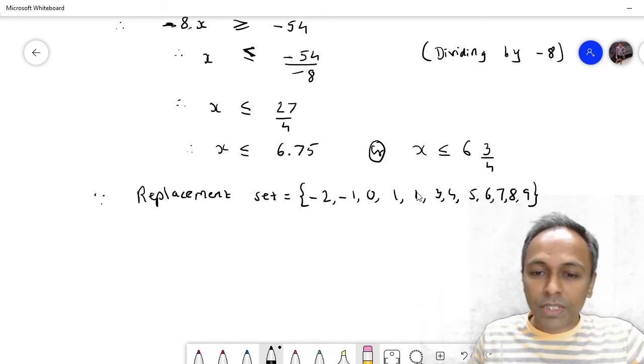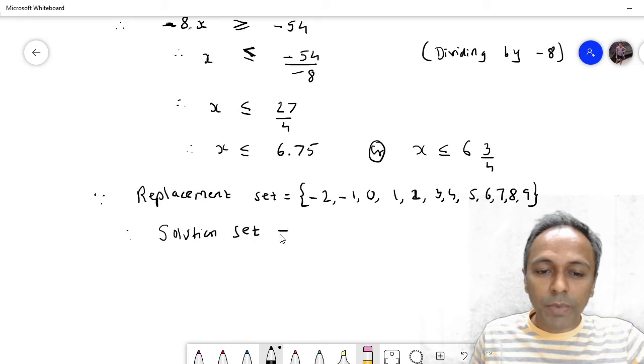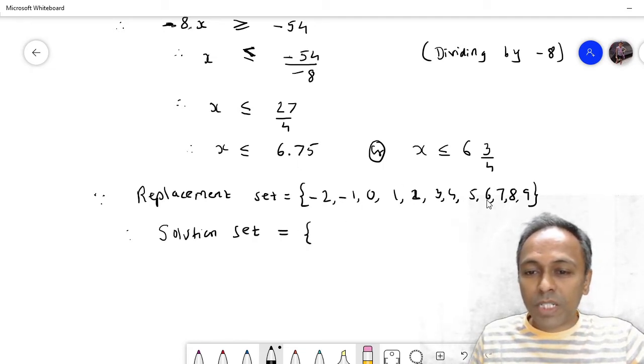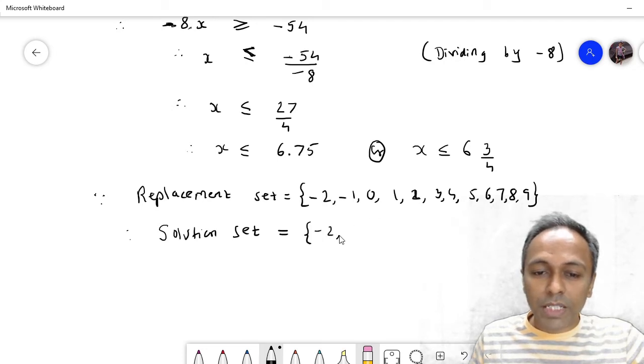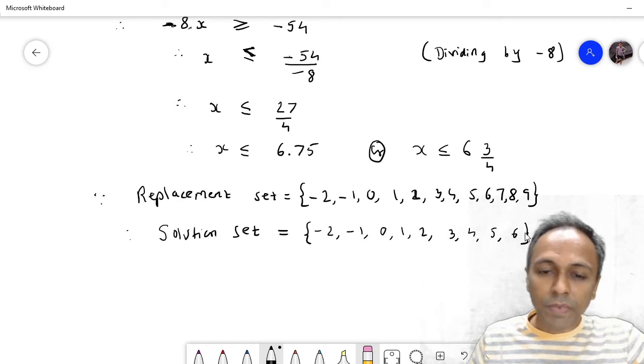They are all integers. And we want x less than or equal to 6.75. Therefore, our solution set will be up to 6.75. So 6 will get included. So your answer will be minus 2, minus 1, 0, 1, 2, 3, 4, 5 and 6.